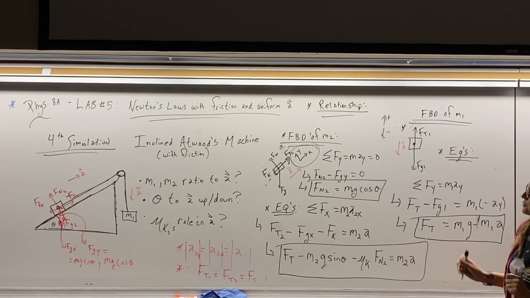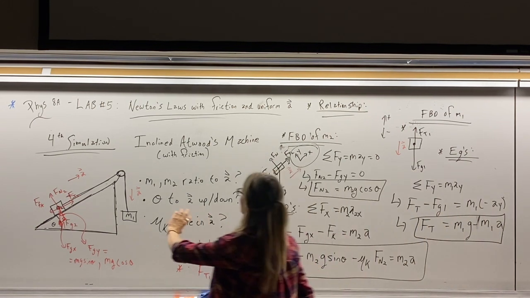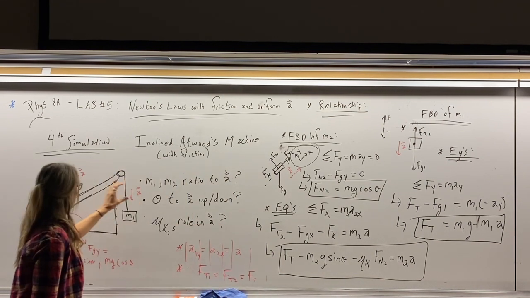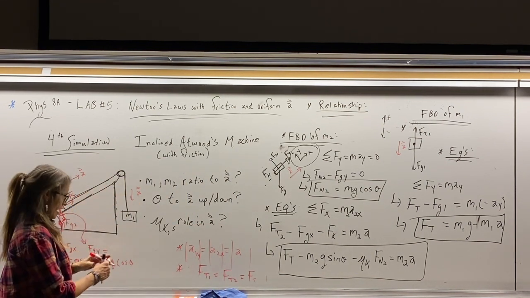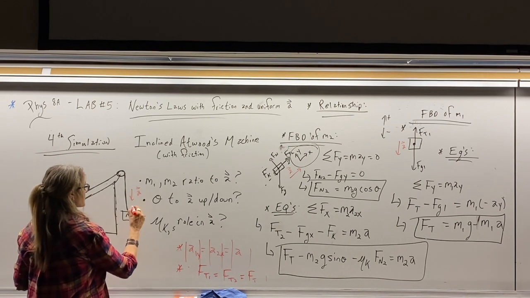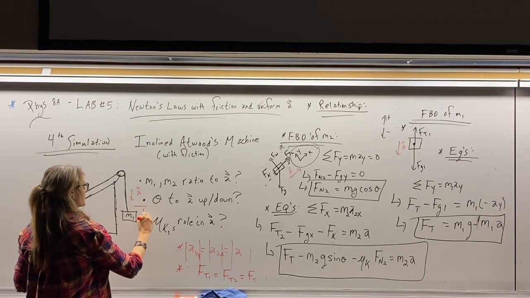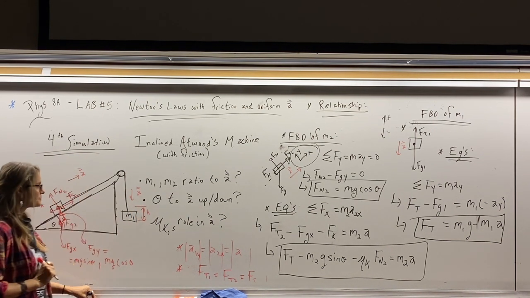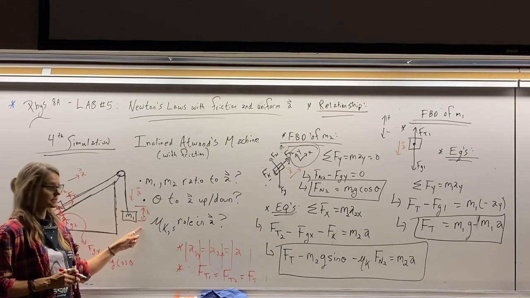We could do a lot of substitutions, plugging in values to solve for unknowns. And then the other thing to note is that if we have our acceleration value, and let's say we wanted to know how far this will go down, and we know it's accelerating downward. What's this height right here? Well, you could use your kinematics.